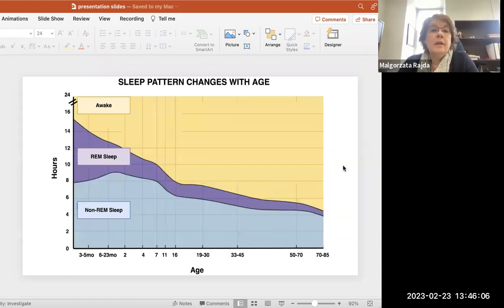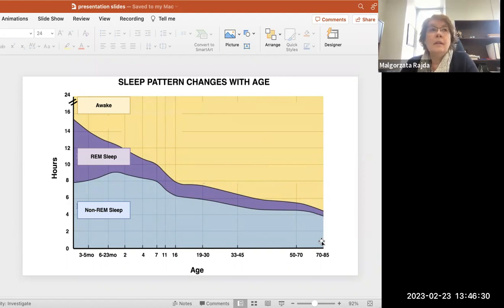Here is another way of looking at it. From a newborn until old age, you will see how we spend more time awake, the amount of REM sleep decreases and the amount of slow wave sleep decreases. So we really have to expect changes.